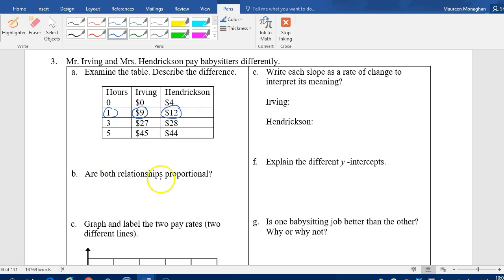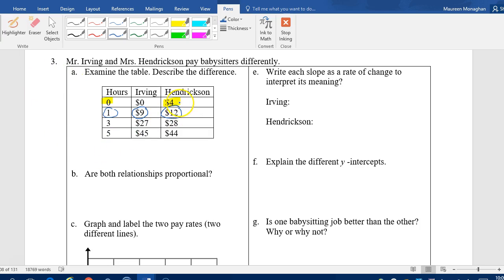Are both relationships proportional? Well, I guess we're supposed to describe the difference. I'm going to pause and write it. Uh-oh, my bad. I didn't even notice this. Look at this. Henriksen, for 0 hours, paid $4. So that's like you get a bonus just for showing up.